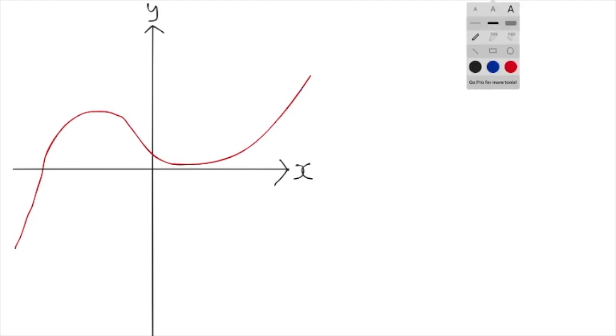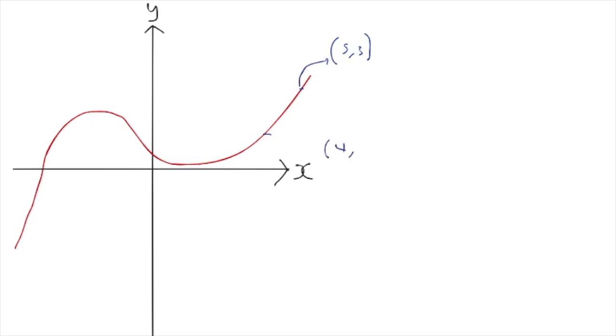In early schooling, to find the gradient of a slope between 2 points, you take any two points, let's give them arbitrary coordinates: 5, 3 for this one, and 4, 2 for this one. It's arbitrary, they're pretty close, it doesn't really matter; it's just the idea of the process that we want here.